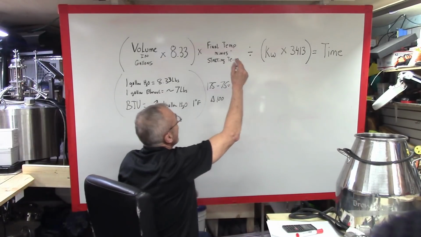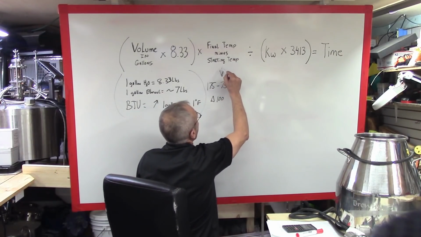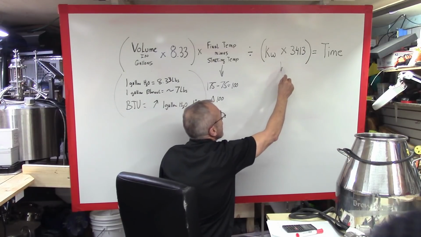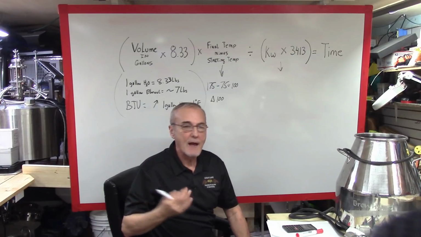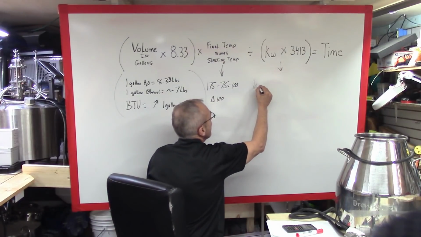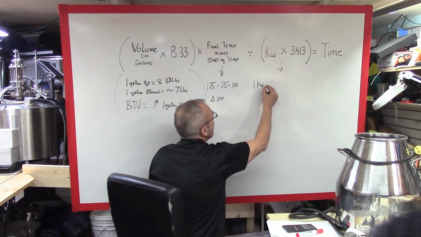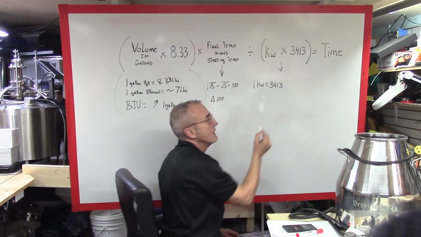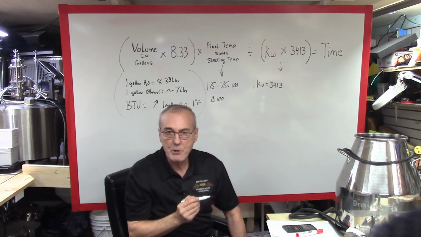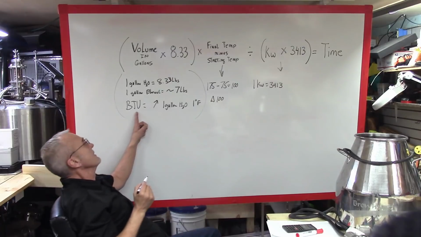Now, we also know that, and that takes care of this part. This part is relatively simple because it's also a known factor. We know that 1 kilowatt equals 3413 BTUs.